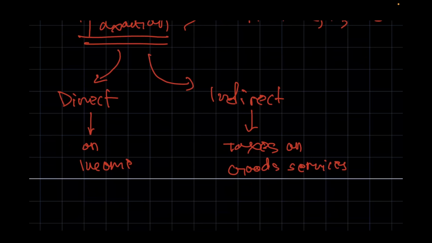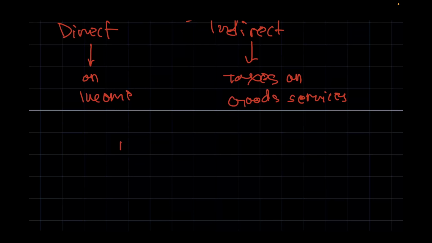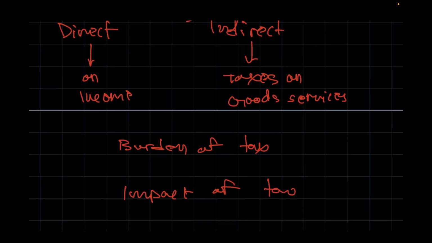Now there are two key terms that you need to know. One is your burden of tax, and the other is the impact of tax. Now let's try and understand what each of these mean. Burden of tax essentially means the tax is taken from their income.